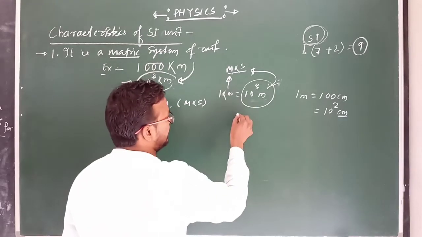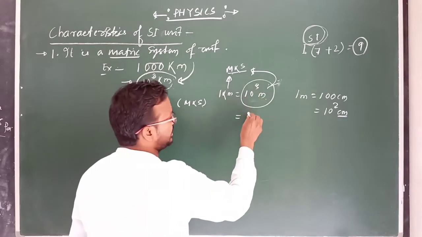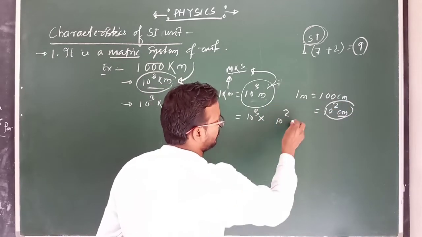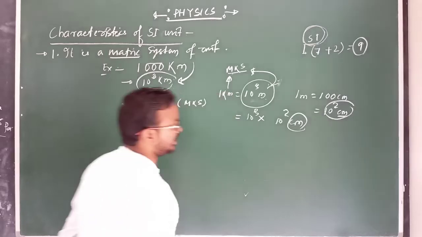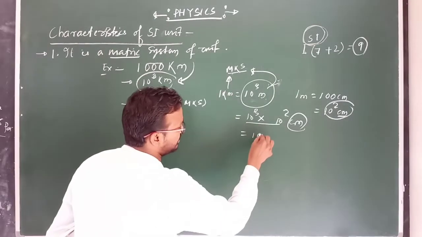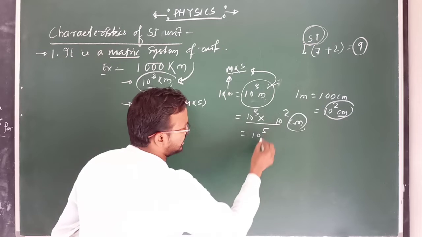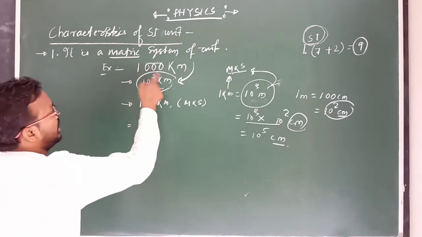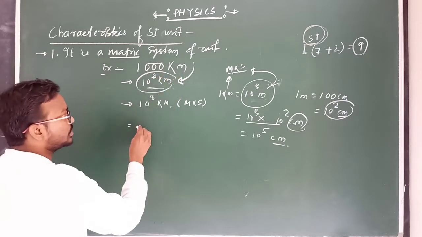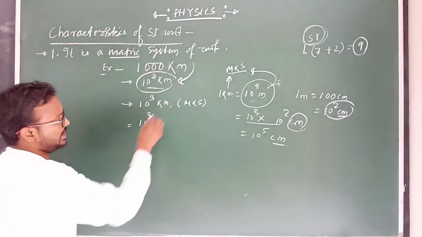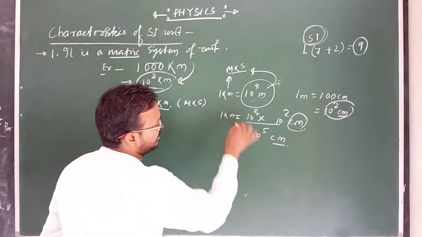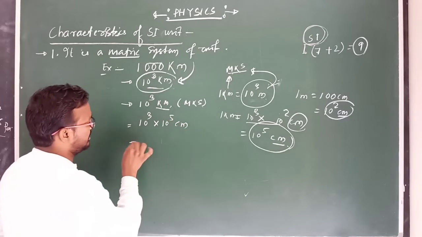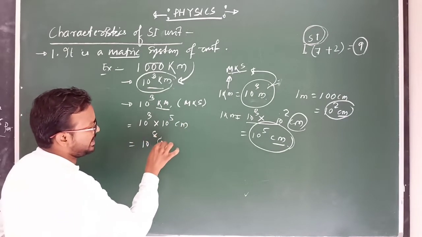Clear? So if we use this relation, 1 kilometer equal to 10 to the power 3 meter, and 10 to the power 3 into 1 meter is equal to 10 to the power 2 centimeter. This is the CGS system. Clear? If we solve this relation, we can write 1 kilometer equal to 10 to the power 5 centimeter, so 1000 kilometer, which is 10 to the power 3 into 1 kilometer, equals 10 to the power 8 centimeter.